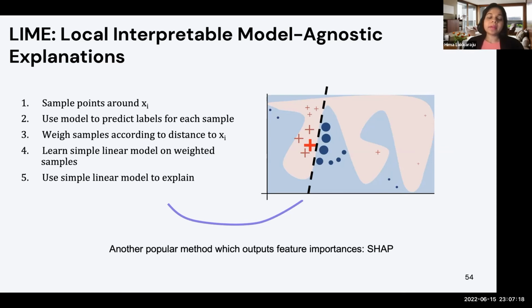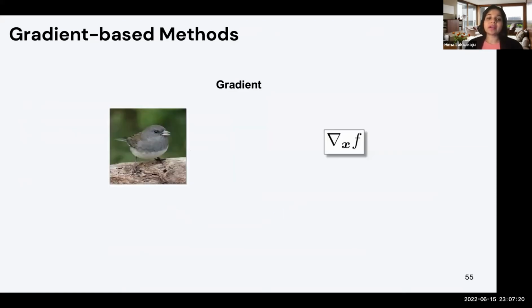Some of the other approaches that are commonly used to generate these kinds of local explanations, which are feature importances, are gradient based methods. The idea here is to compute the gradient of the function that we are trying to explain with respect to individual input points, that is, each of the features of the individual input points, right?